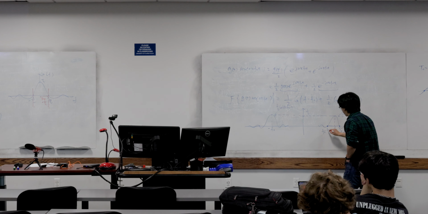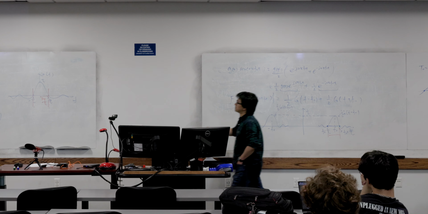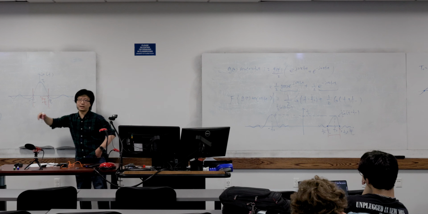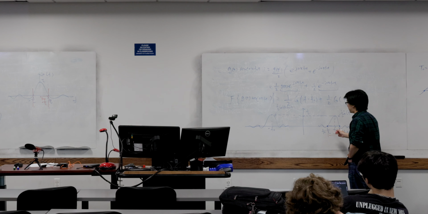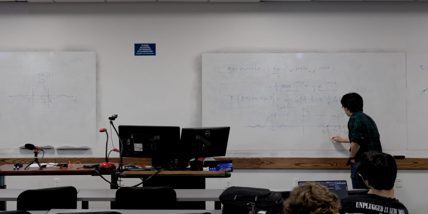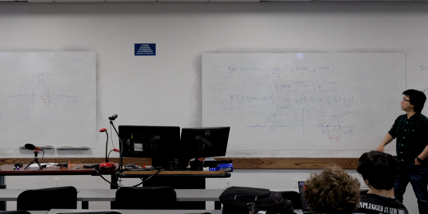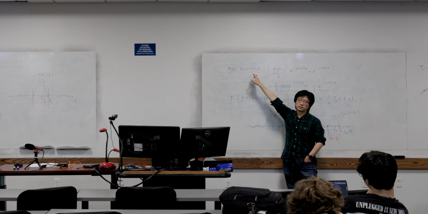Before, it was from here to here, the negative frequency, but now here is the positive frequency. So instead of 1 over tau, now the bandwidth equals 2 over tau. So when we do this operation, we basically double the bandwidth. Does that make sense?